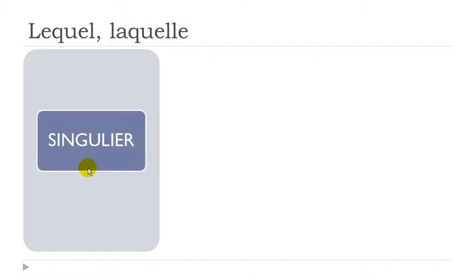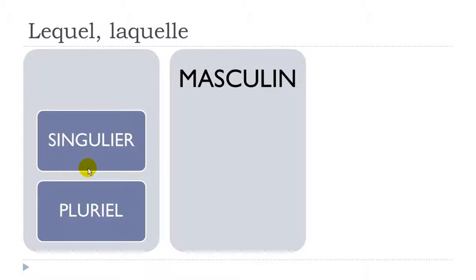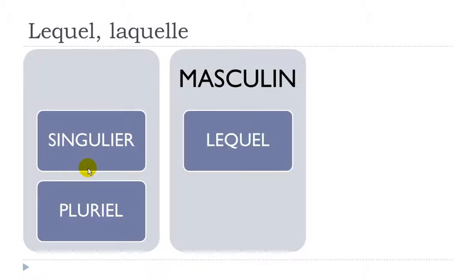So let's see now the singular form and the plural form. So the first form that we'll see will be the masculine. So it will be, as we saw, lequel, okay? So remember, you've got to pronounce it lequel, even if you've got this QU. Remember that this U phonetically doesn't exist, so lequel.